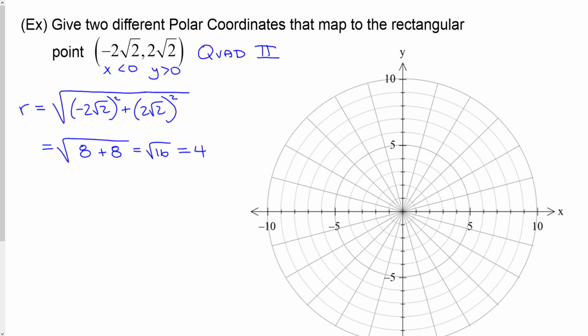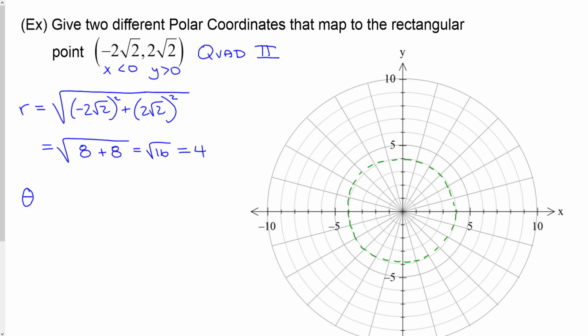So I'm somewhere on this circle right here, radius 4. Now, the next part here is where exactly do I lie on that point?